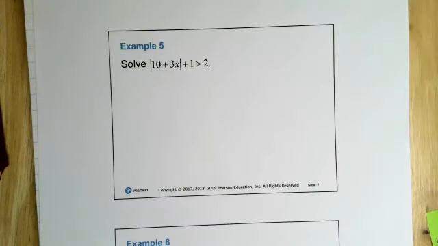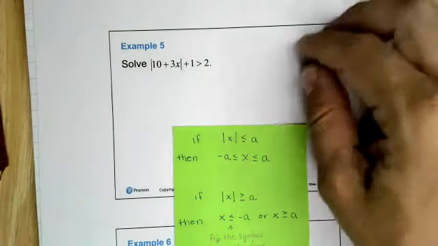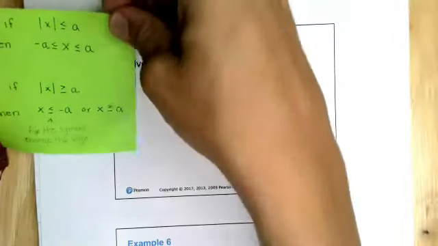Number 5. We are now doing greater than rather than less than. Okay, so for the greater than symbol, well, let's not start with the root.